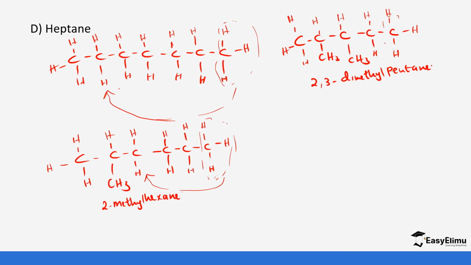We can move another CH3. This CH3 now we can move it in either of these 2 carbons. You can put it in carbon number 2 or carbon number 3 to give birth to this.